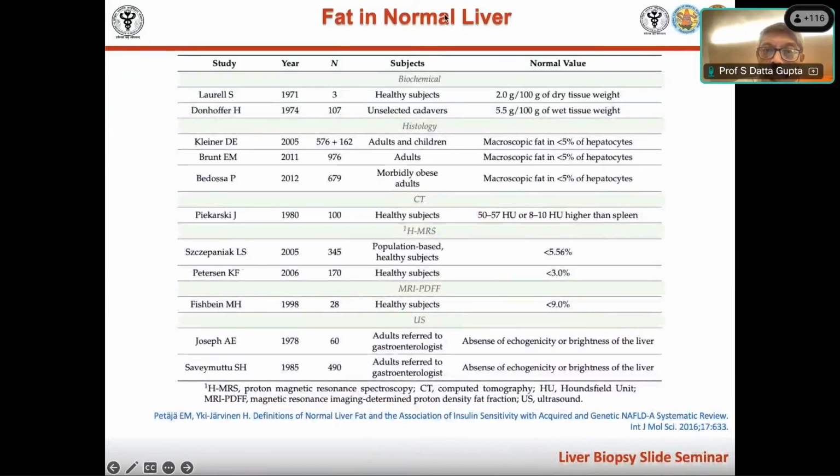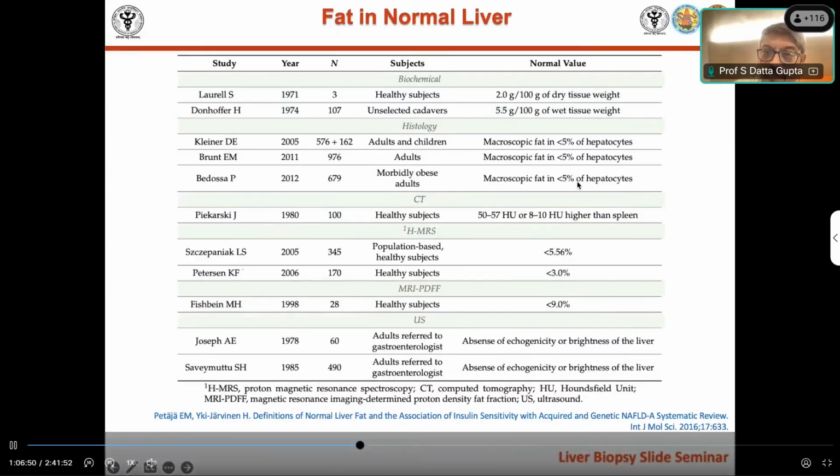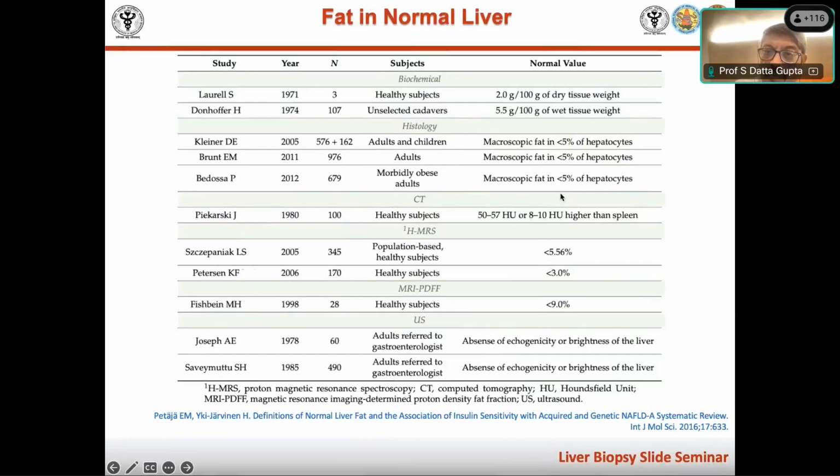Because they have done a lot of autopsy studies and in cadavers, healthy subjects, and so on and so forth, ultrasound, CT, so on and so forth. And everybody says it's less than 5% in people who have no disease. So therefore, we know that any fat more than 5% is abnormal.